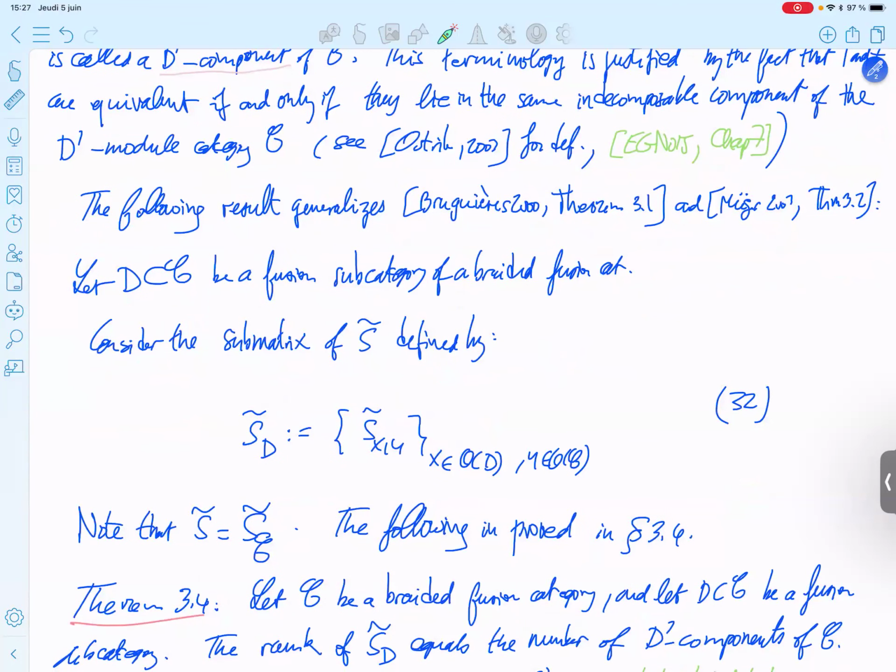Okay, so the following result, theorem 3.4, we will prove now. It generalizes a result by Bruguières and Hugel.